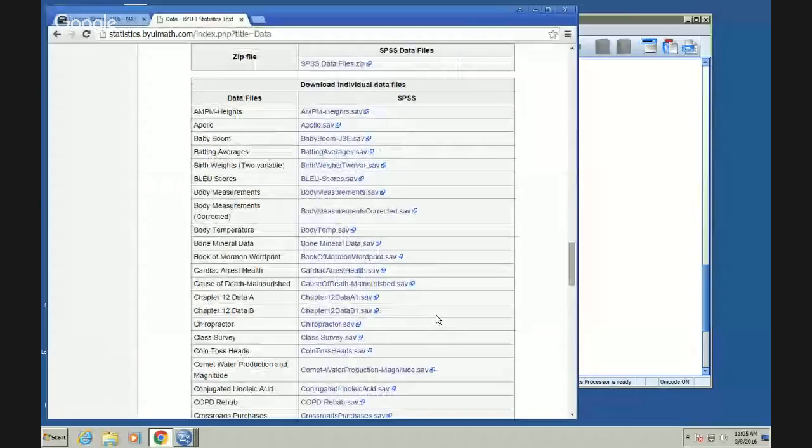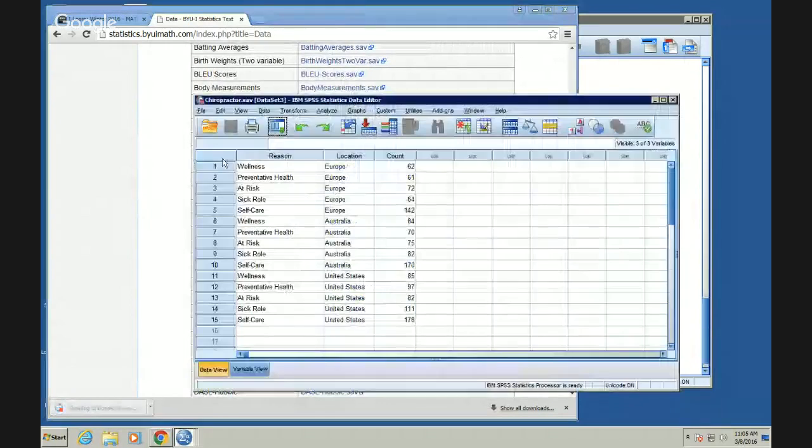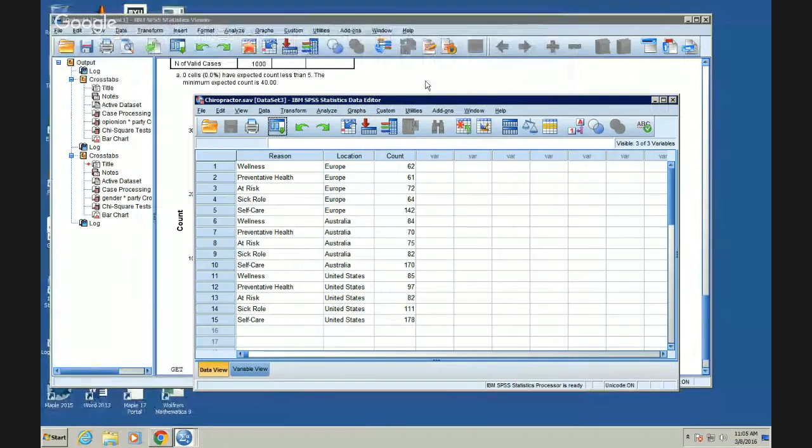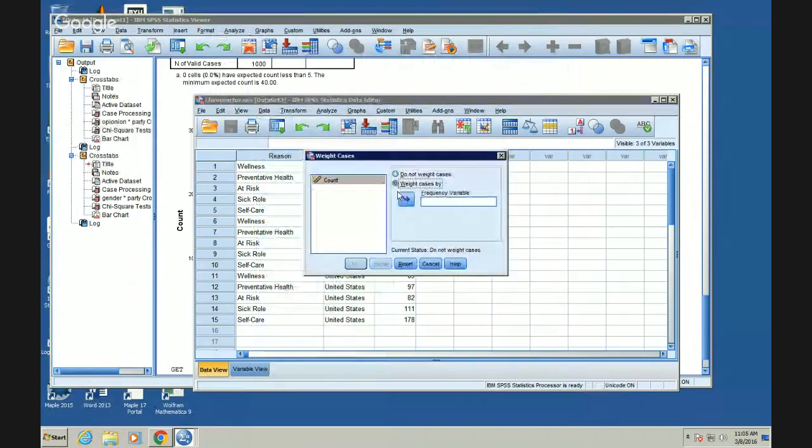Oh, somebody's there already. Yeah, that's Patty. Found it. Go and try to find the SPSS file. Okay, so here it is.